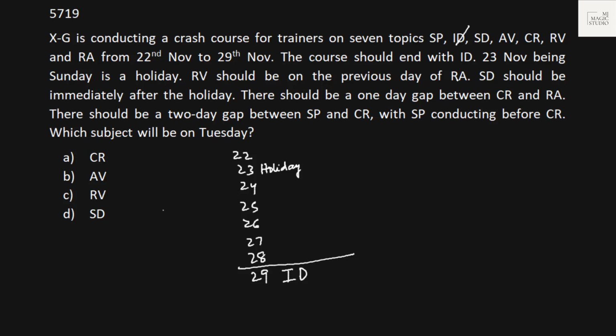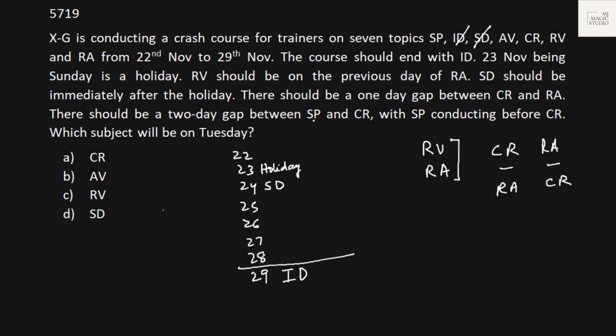RV should be on the previous day of RA. So it should be RV and RA together. SD should be immediately after the holiday. On 24th, we should have SD. SD gone. There should be a 1 day gap between CR and RA. So it should be CR, RA or RA, CR.